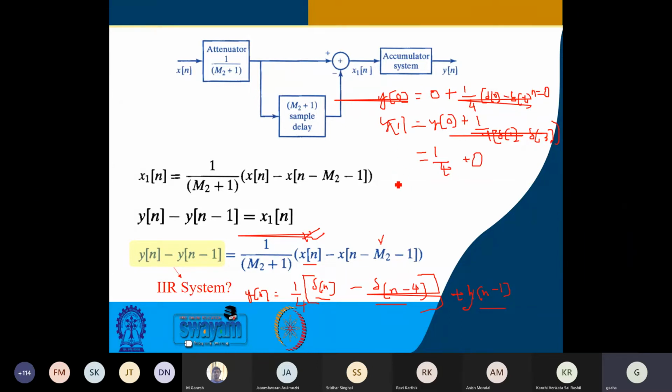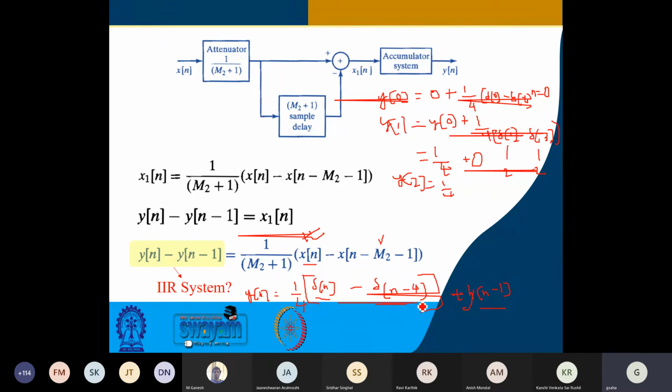So y2 will also be like that, because this will be del 2 and this will be del minus 2. y3 also will be like that, that is 1 upon 4 will continue. 1 upon 4 is the past value of y. So how long will it continue? Till n equal to 4.